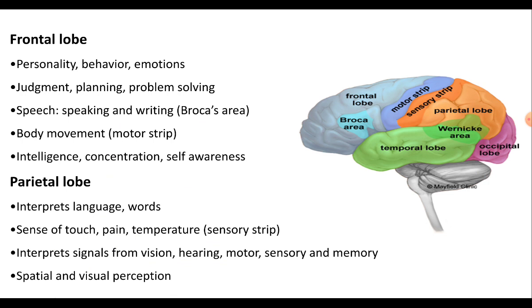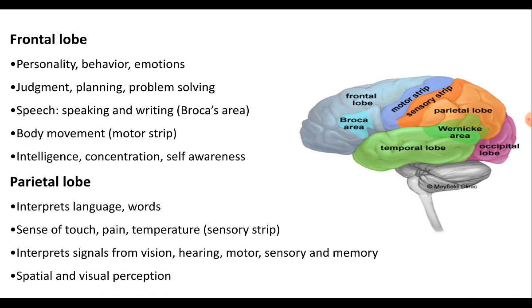When you look at the functional aspects of the lobes of the cerebral hemisphere, the frontal lobe is the area responsible for human behavior, emotions and personality development. It is also the area for decision making, planning, judgment and problem solving.